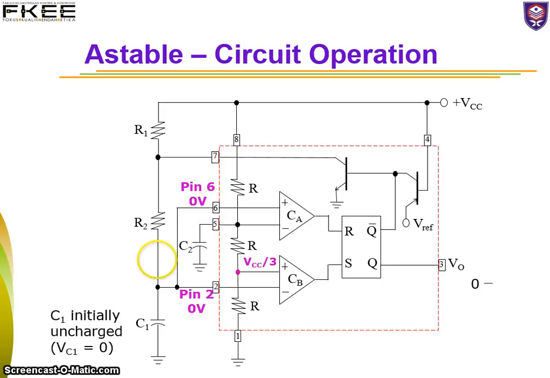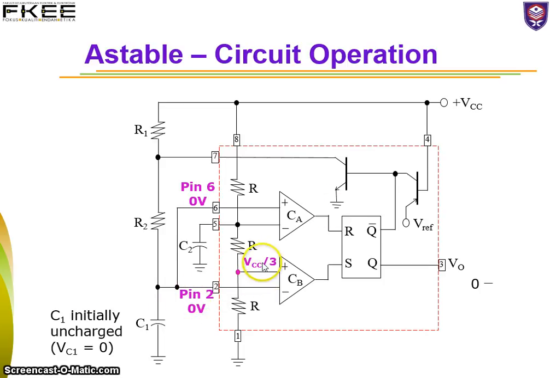So now we have two comparators, CA and CB. For the lower comparator CB, the voltage here is VCC over 3, since we have three resistors, R, R and R, connected to the power supply. So the voltage here will be 1/3 of VCC, and this voltage is being compared with 0 volt at pin 2.